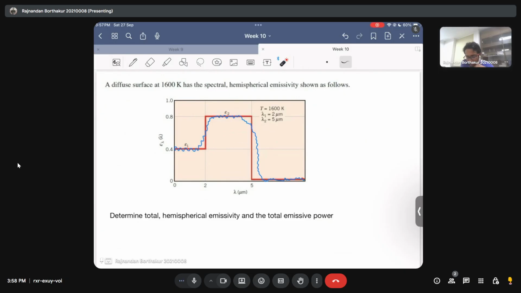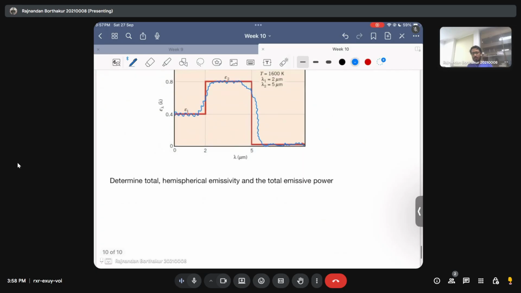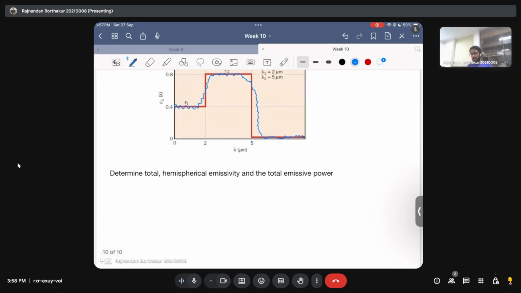That's the first thing. The second thing is that what they're asking you is to calculate this total hemispherical emissivity. So we will start off by what they're actually seeking us to calculate. They're asking us to calculate this epsilon, which is nothing but the total hemispherical emissivity.